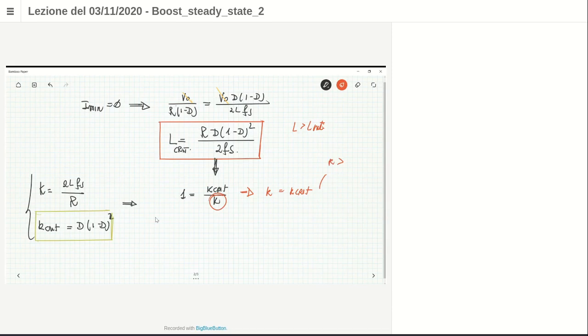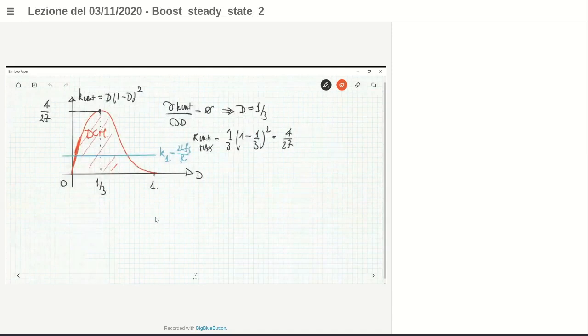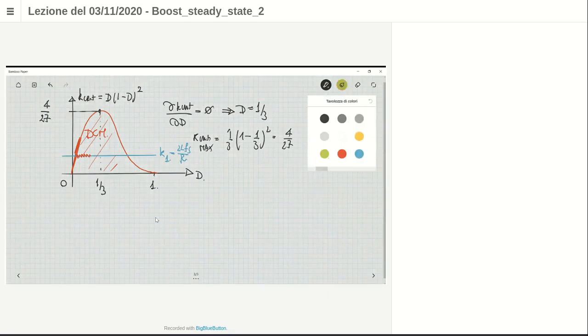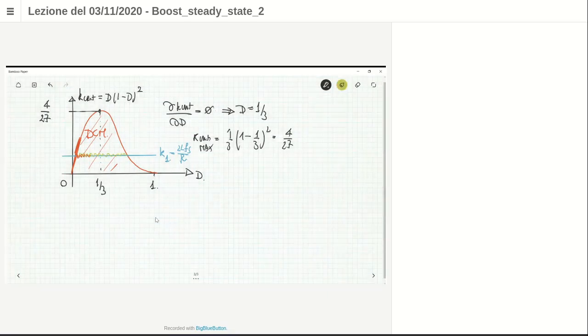In order to be in DCM, K should be less than K critical, then you are in DCM. So, for example, when you are here, for all this duty cycle interval, you are in DCM.